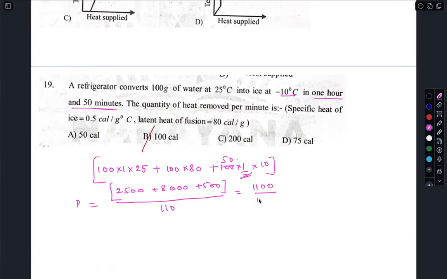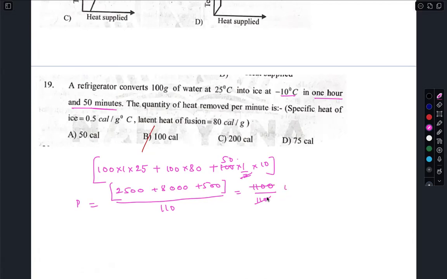11,000 divided by 110. Okay, 19th question. But we are not getting it; this is 110 minutes. 100, right.